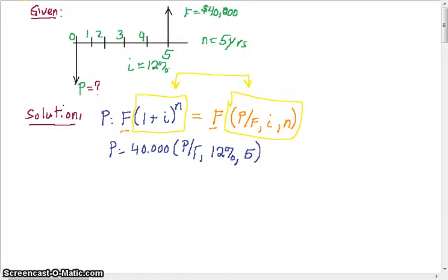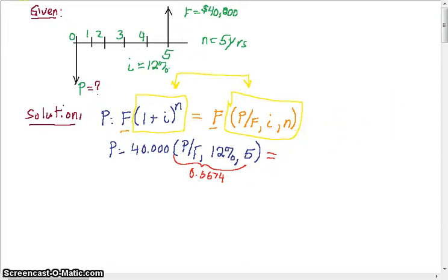And if we look up that value in the back of the book for this functional notation, we will find, let me get my paper out here, let's see if we can find that, 12, and we're doing it for 5 years, and P given F is 0.5674, which means that P is equal to, let's calculate that out, 40,000 times 0.5674.